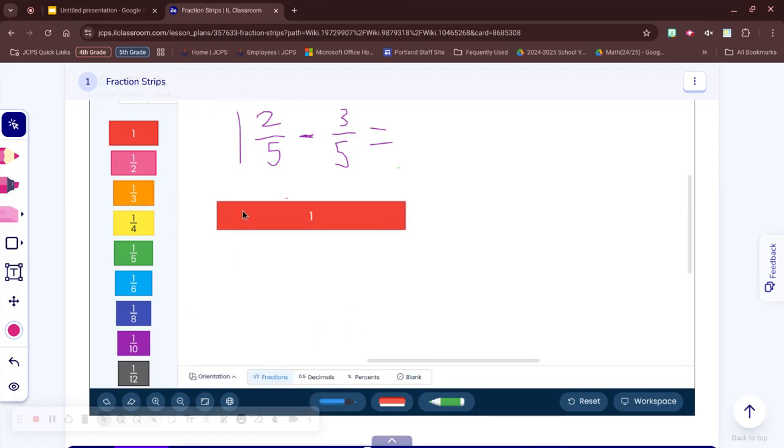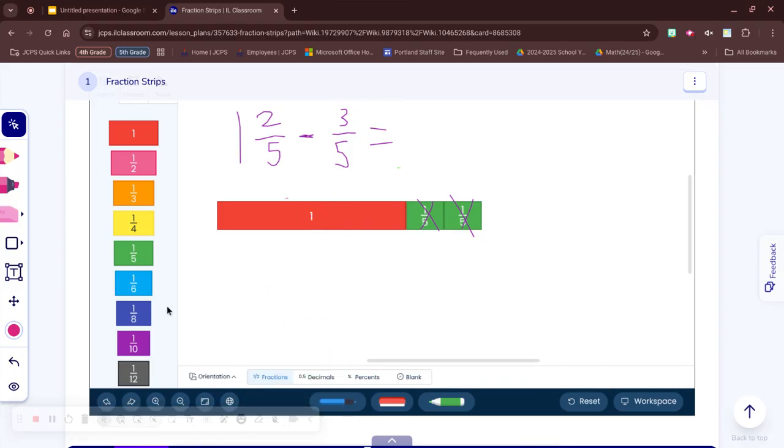So let's go back and build this out. If I have 1 and 2/5, so I have 1 whole and 2/5, and I need to take away 3/5. There's 1/5, 2/5. I have more to take, 1 more fifth away, but I'm going to need to break this whole into pieces.